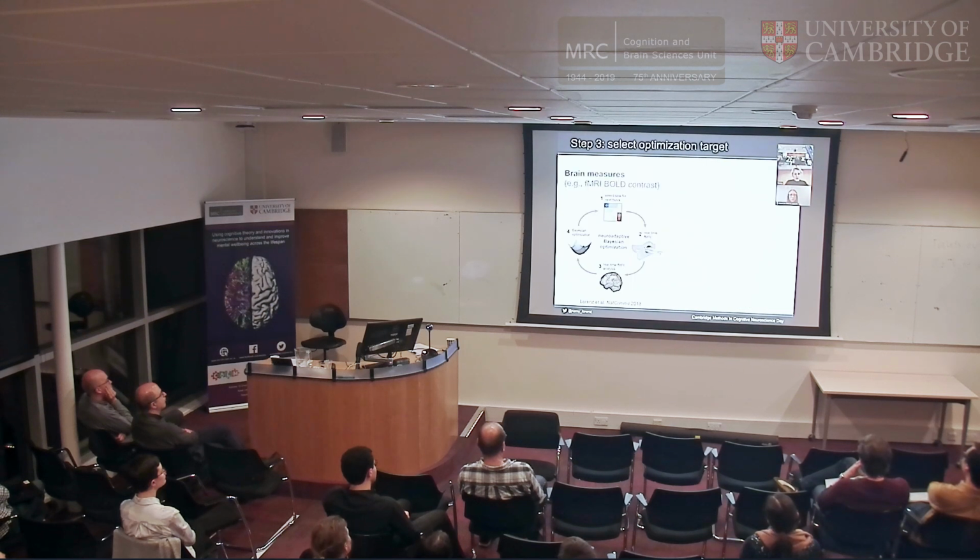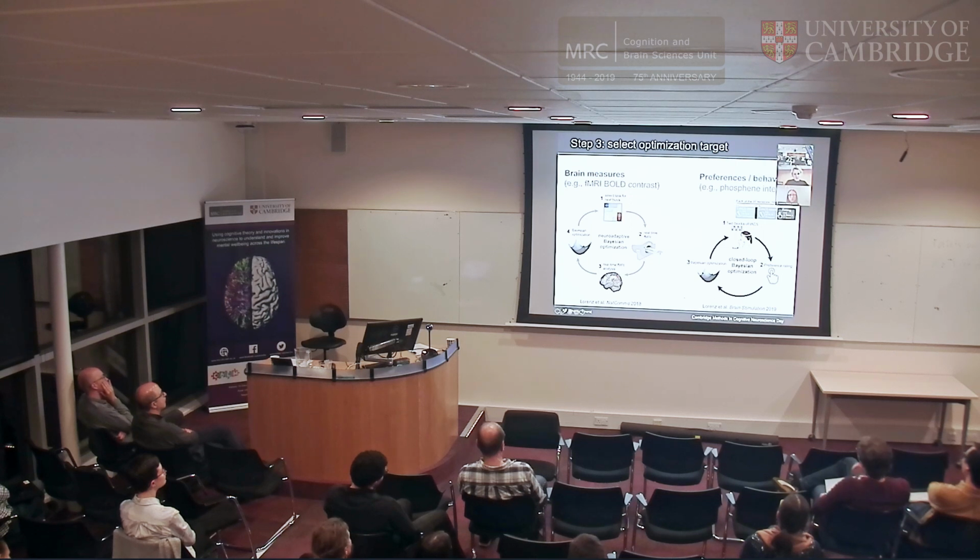Another way you can optimize, and this is something I already touched upon when I opened this talk, is that you can also optimize based on behavior or preference ratings. So in this study, where we optimized across this brain stimulation space, we did not optimize on a brain measure, but we asked participants when they perceived phosphenes.